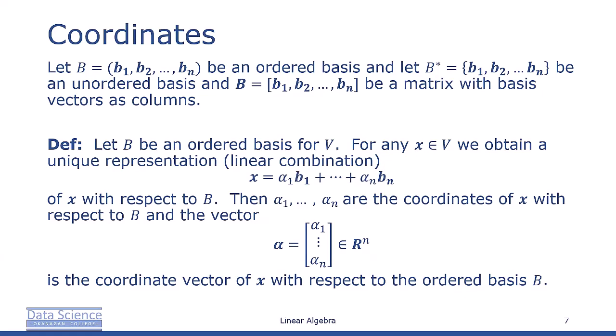Here, the alphas are going to represent the coordinates of x with respect to the ordered basis B, and the vector alpha, alpha 1 through alpha n, in n-dimensional real space, is the coordinate vector of x with respect to the ordered basis B.